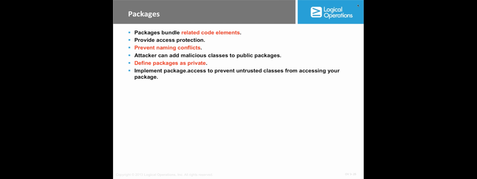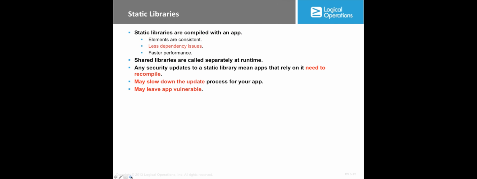Right, so that's going to obviously come from an untrusted source, being the internet. You should not allow anything from that untrusted source to come in and access your package. That's why you're defining it as private, right? So nothing else is going to read into or through it.